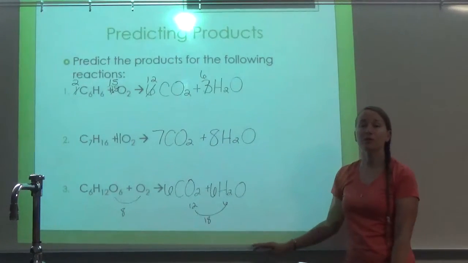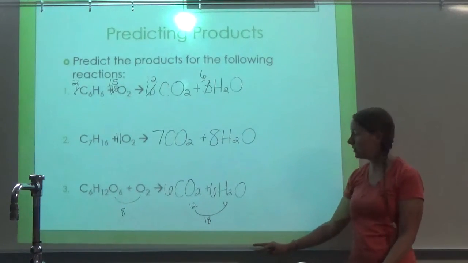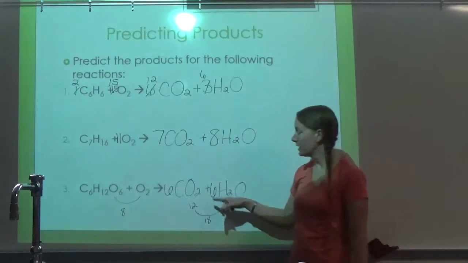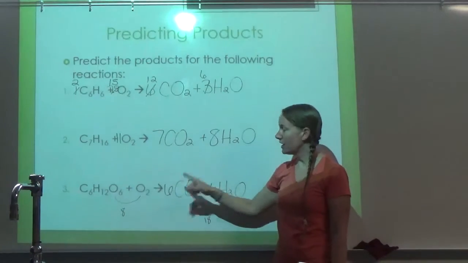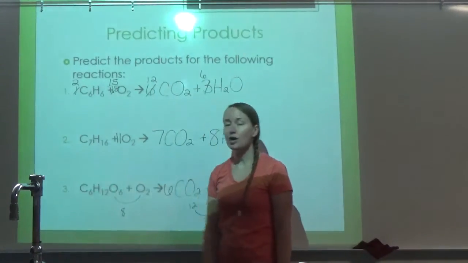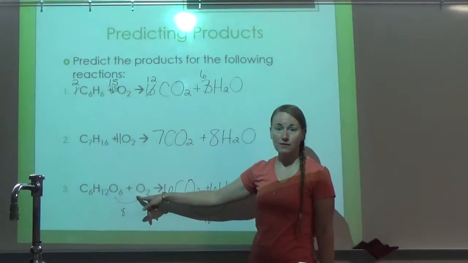Now, how in the world do I turn 8 into 18? Well, let's look at what our options are. If I try to change this oxygen, I'm going to mess up hydrogen. If I try to change this oxygen, I'm going to mess up carbon. If I try to change this oxygen, I'm going to mess up carbon and hydrogen. So I only want to put something in front of this one.